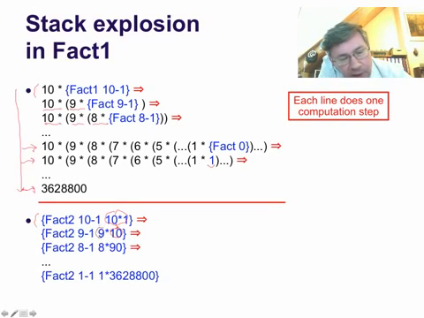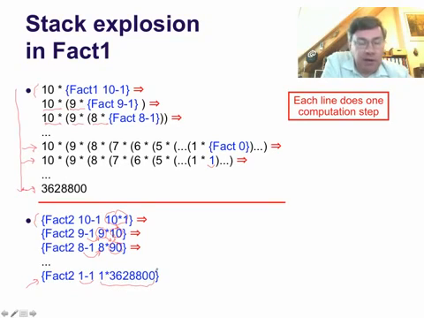And then this 9 times 10 becomes 90. So we continue, and each time we take a piece of the previous number and multiply it with the accumulator, and eventually we come up with fact2 of 1 minus 1 and 1 times this final result. And this one will be 0, and eventually we come up with the final result.